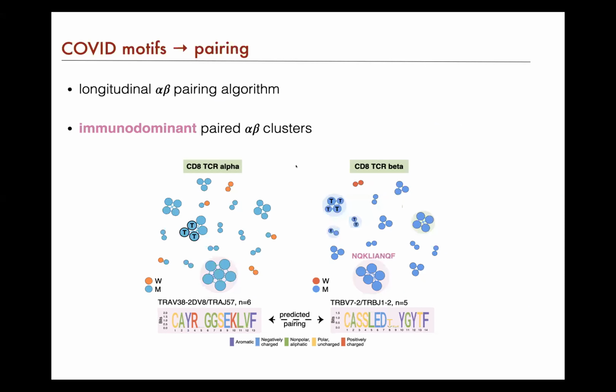And if we do that, it turns out that we can map the largest cluster in the CD8 TCR beta response to the largest cluster in the CD8 TCR alpha response. So we have a predicted pairing of this immunodominant response in donor M.